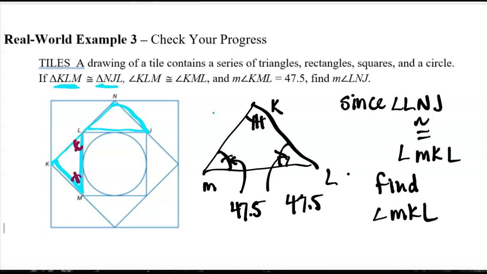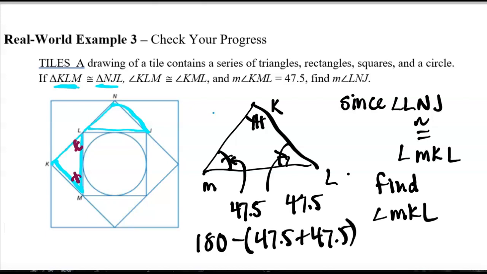And since this appears to be isosceles according to what they're telling us, we'll get our answer when we take 180 minus 47.5 plus 47.5. When we work all that out, we get, let's see, 85.